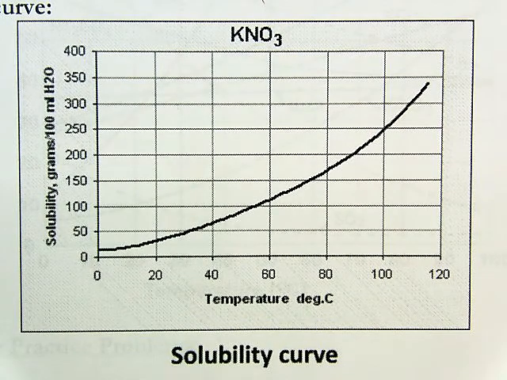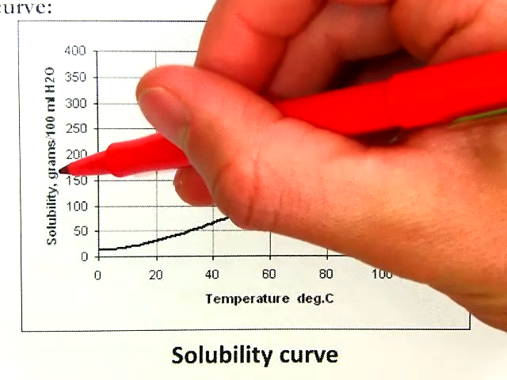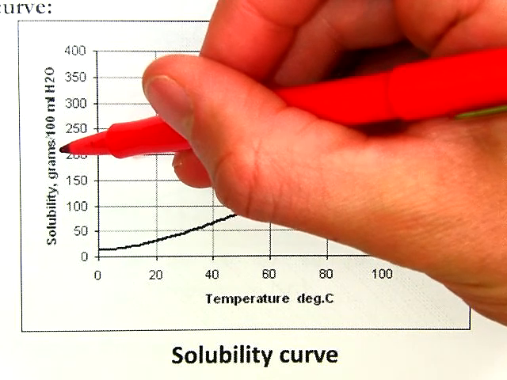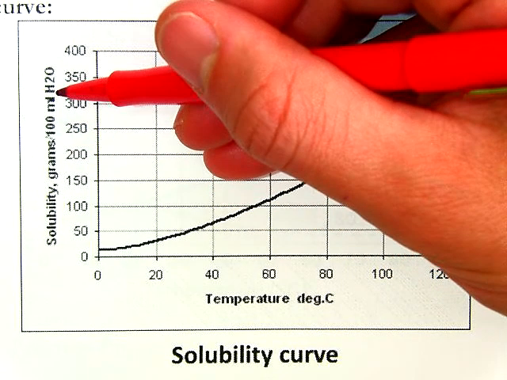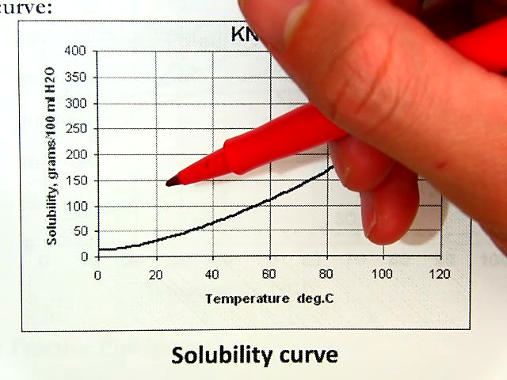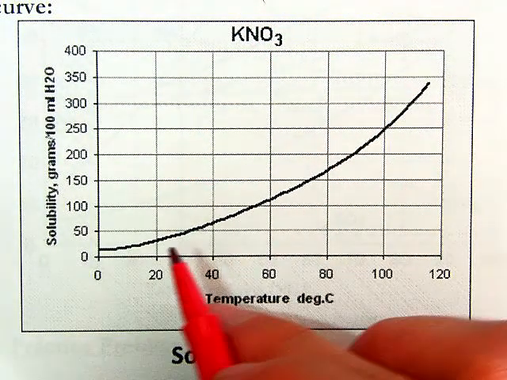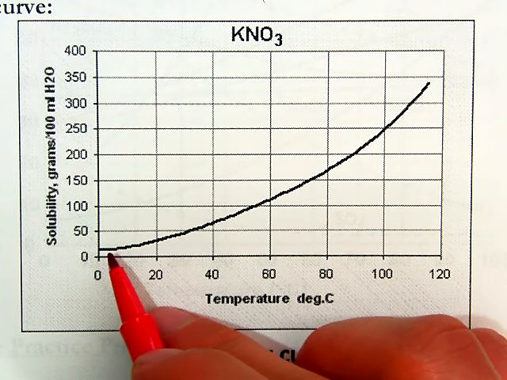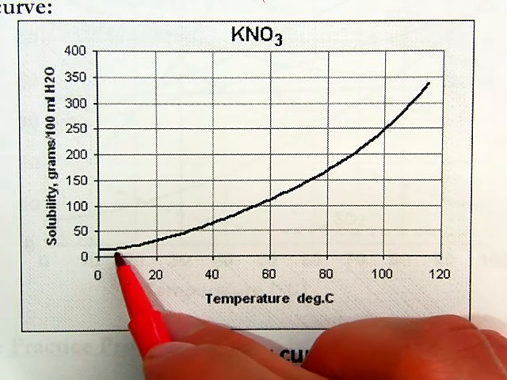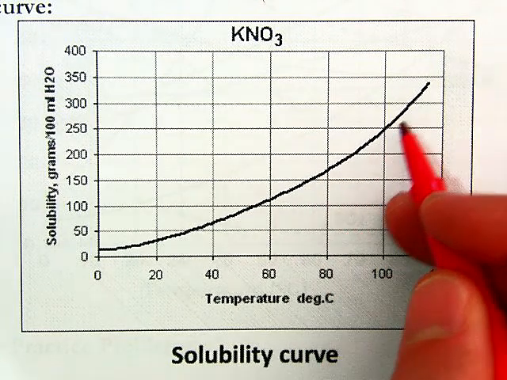This is a little confusing to some people. On this axis, it says solubility, grams per 100 milliliters of water. So you could think about this as having a beaker with 100 milliliters of water in it, and you can dissolve a different amount of KNO3 in that beaker of water at different temperatures.